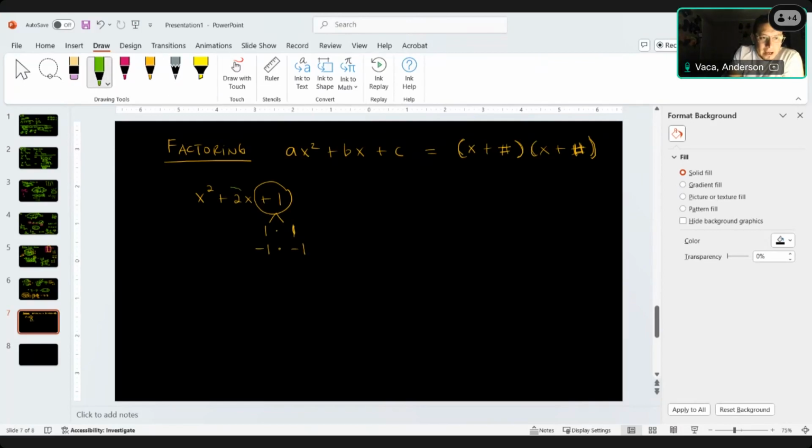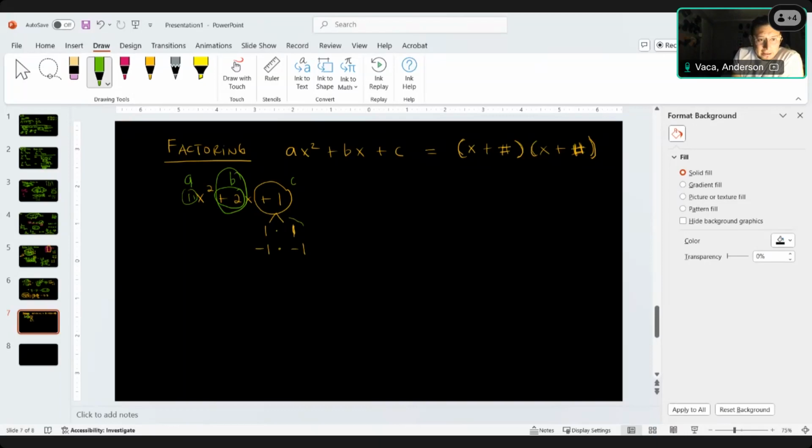I'm going to look at this number here, which happens to be 2. This is B, and this will be C. A, in this case, is 1. In any case, I'm looking at this B here, and I'm going to say, how in the world can I get a 2 out of this?